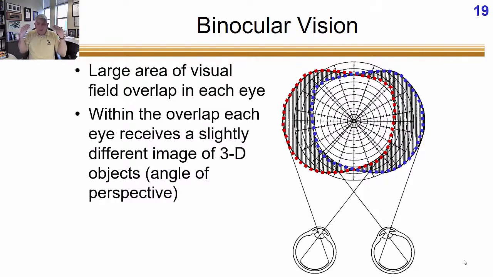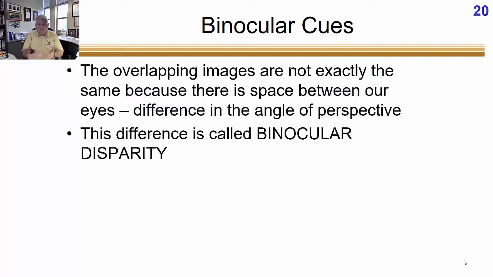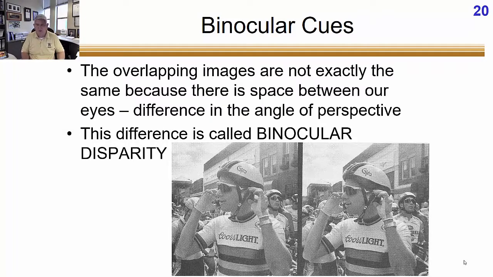So because we have overlap and because each eye is seeing a slightly different perspective, right, we are able to generate a three-dimensional image. This difference in the angle between each eye is called binocular disparity. So here we see an image as our left eye and right eye see it.